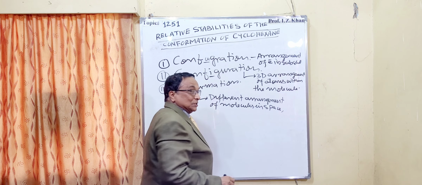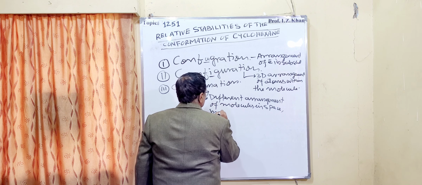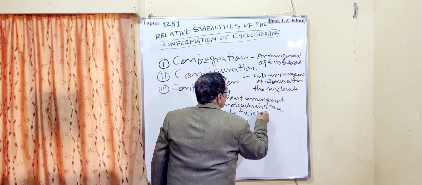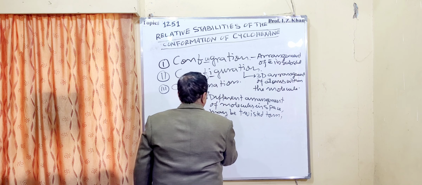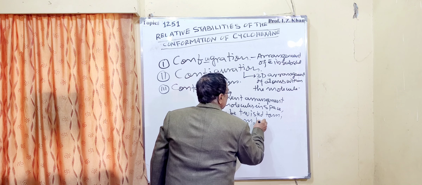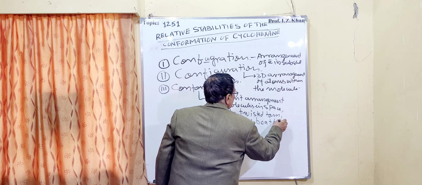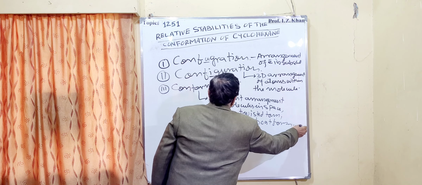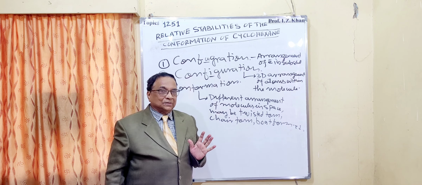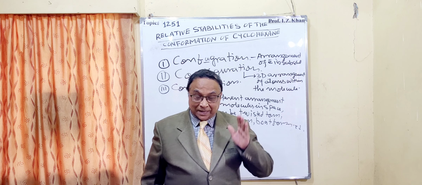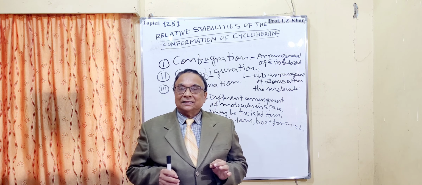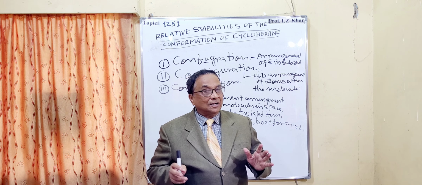It may be twisted form, chair form, boat form, etc. So now the concept of these three terms is very clear. It should be clear to students that in one case, the configuration is the arrangement of electrons in subshell.